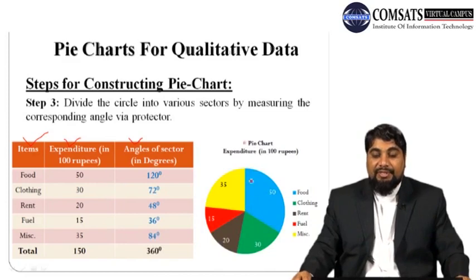So remember that in step 3 we have to divide the circle into various sectors by measuring the corresponding angle via protractor. So the angle corresponding to first item, which is food, is 120 degree. So it means we have to construct an angle of 120 degree. So start from this 90 degree angle and measure this angle with the help of protractor.